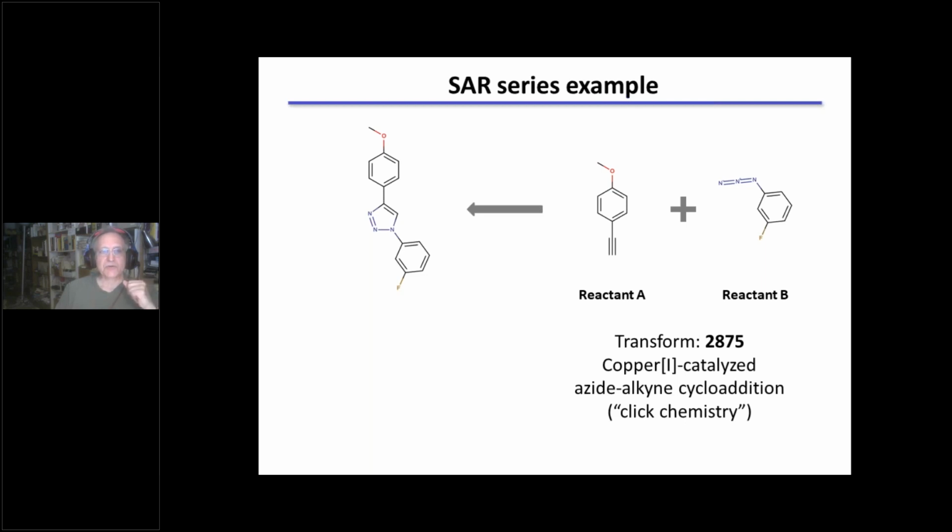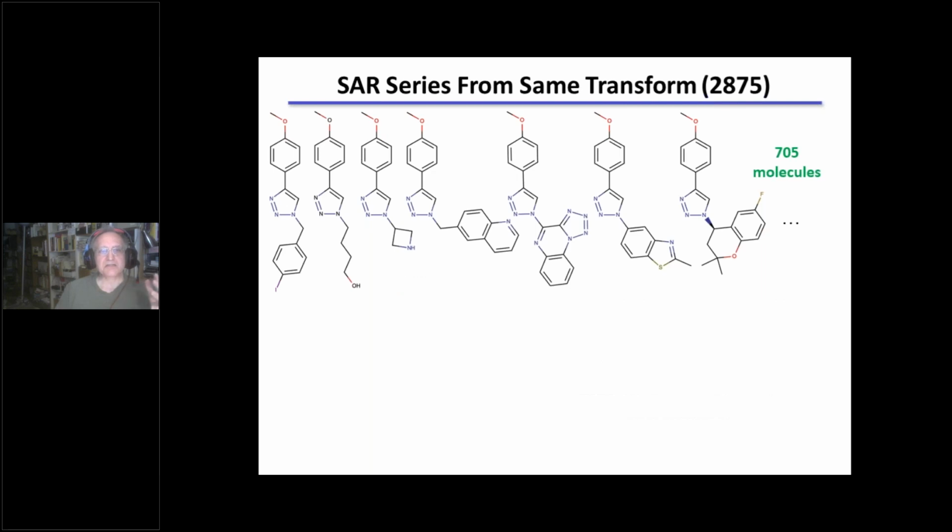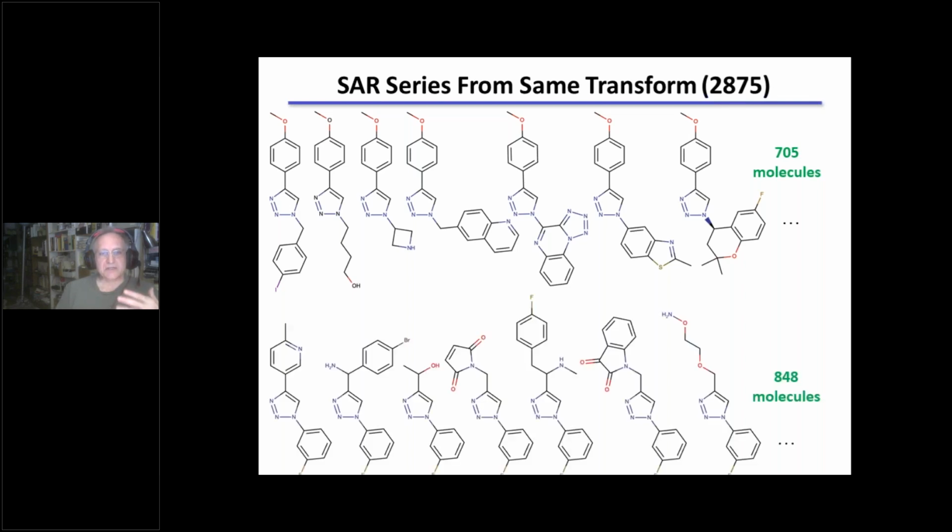And so you keep reactant A constant, and you look at all the reactant B's that were found and that were successfully coupled in the computer, and you have 700 molecules here. And you can then do the same thing the other way around. You can keep reactant B constant. And so this little example already gives you about 1,500 analogs to look at, okay?